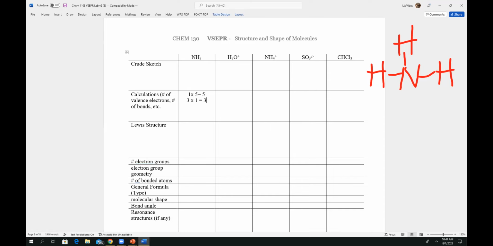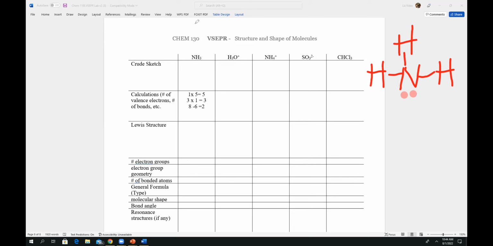That's going to give us 3. So the total is 8. 8, but we use 6 of those, right? Which is going to give us 2. And remember, hydrogen is one of the exceptions. It doesn't need but 2 around itself, and it already has 2. So the last ones are going to go there. So the Lewis structure is this.